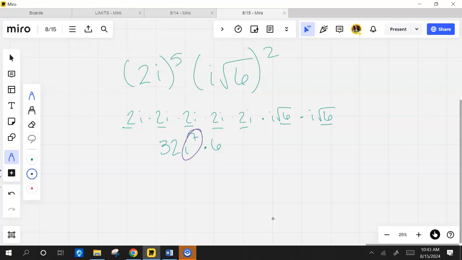So this is negative i. So I have 32 times negative i, and it's times, not subtract, so be careful, times 6. What's 6 times 32? 192.